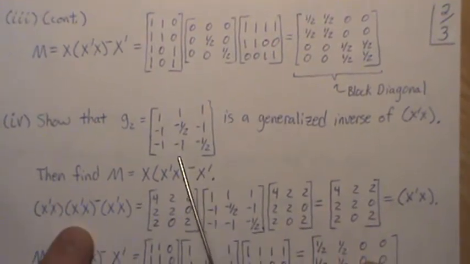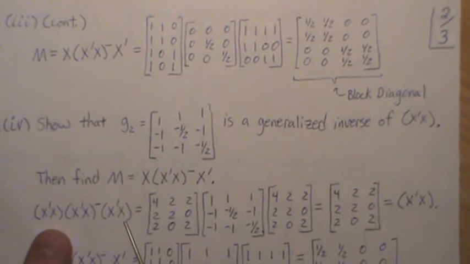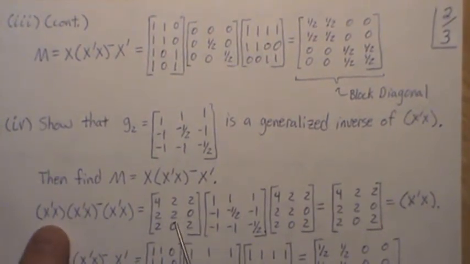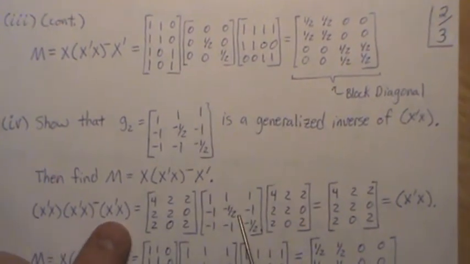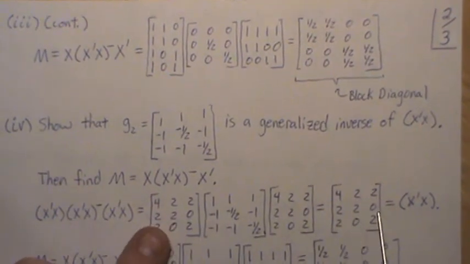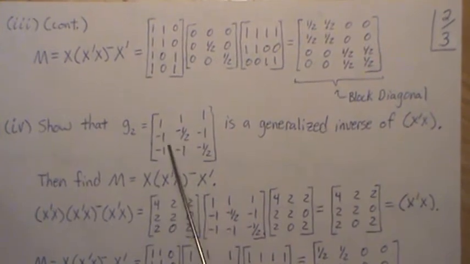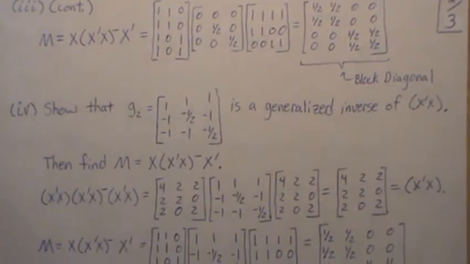To show that it's an inverse, we have to calculate this and it should equal X transpose X. So we fill it in. This is X transpose X, this is the generalized inverse that we're proposing, X transpose X. Do this calculation and we get this, which is X transpose X. So this G2 is a generalized inverse of X transpose X.